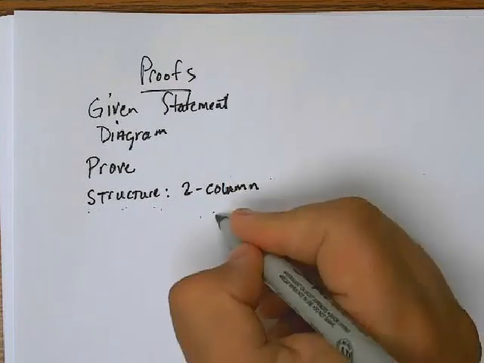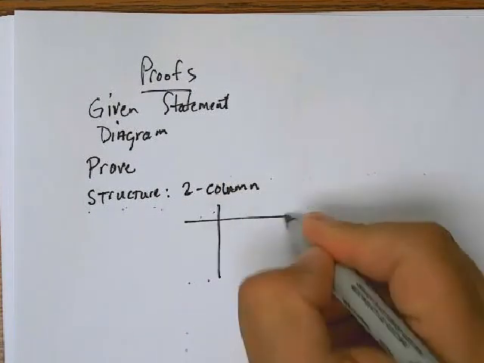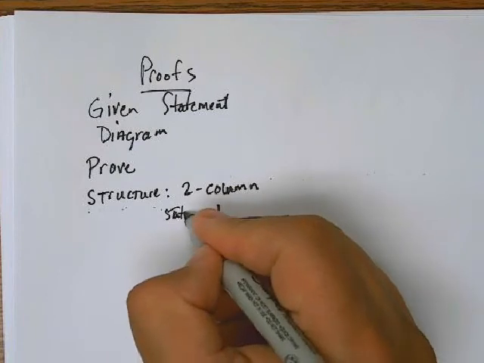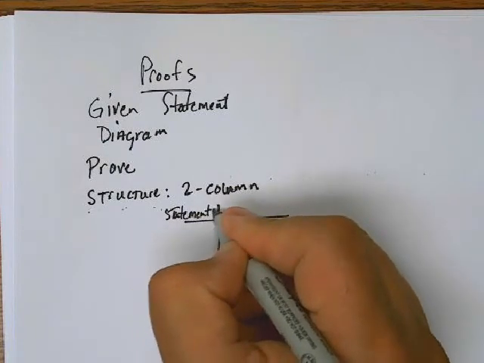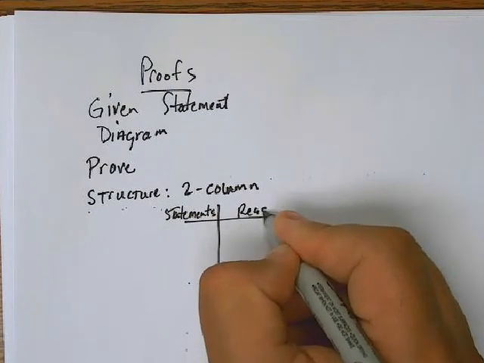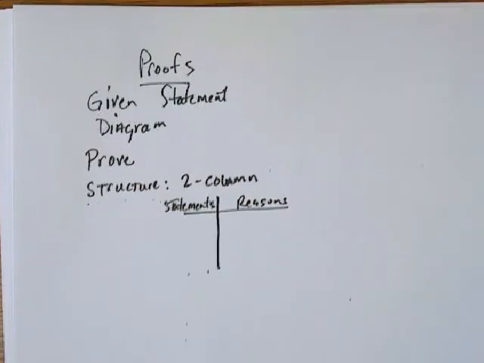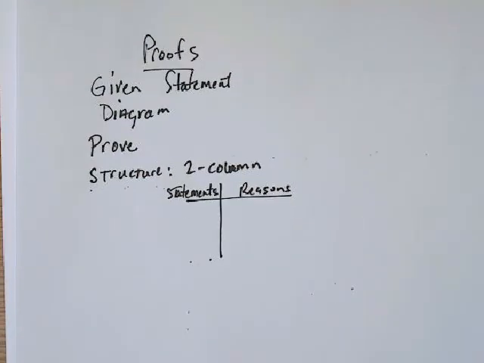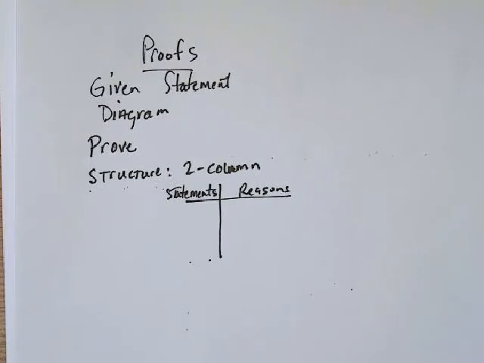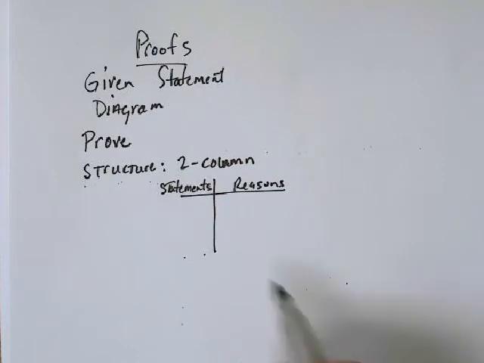And the 2 columns look like this. Statements, reasons. Okay, so this is the introduction to proofs. We have a given statement, we have a diagram, we have what we're trying to prove, we have the structure of 2-column statements and proofs. Statements and reasons for the proof.